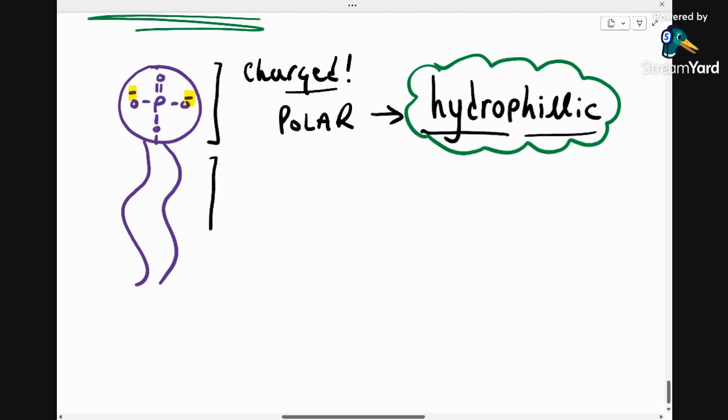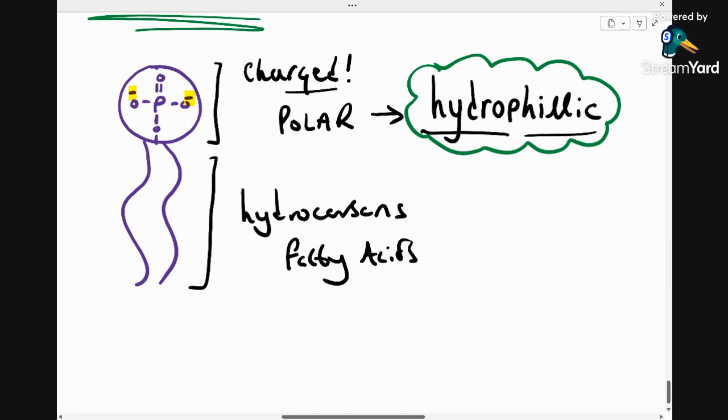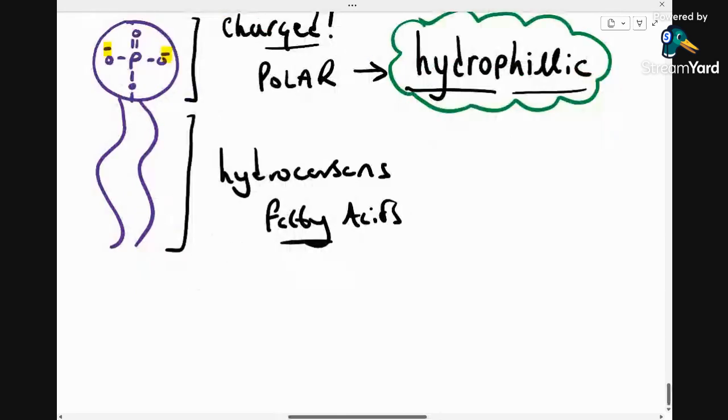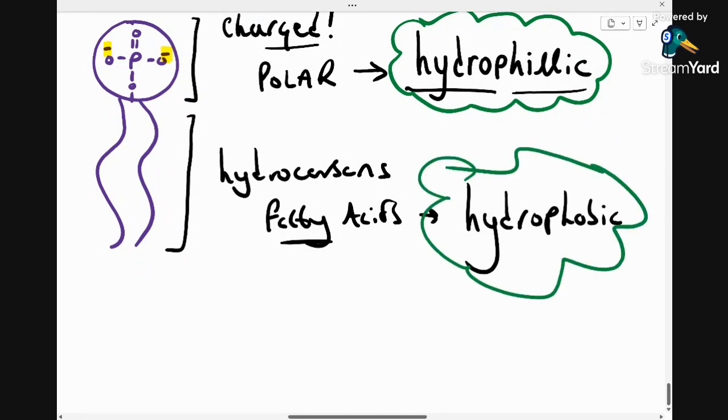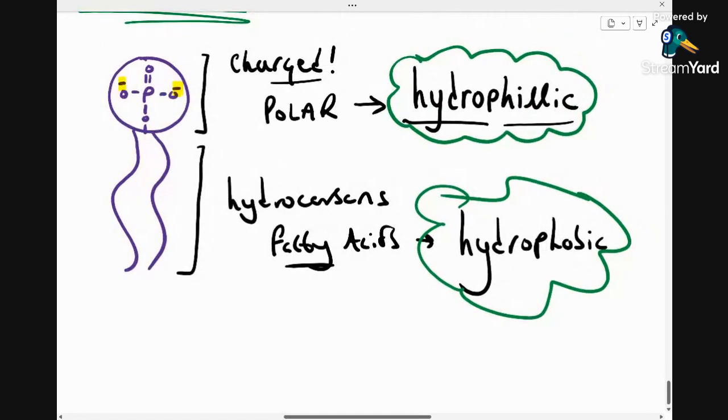The hydrocarbon tails, of course, are hydrocarbons. They are fatty acids. Fatty, therefore they are hydrophobic. No change there. So we've now created a molecule that is both hydrophilic, it loves to interact with water, and it hates to interact with water at the same time. It is therefore confused.